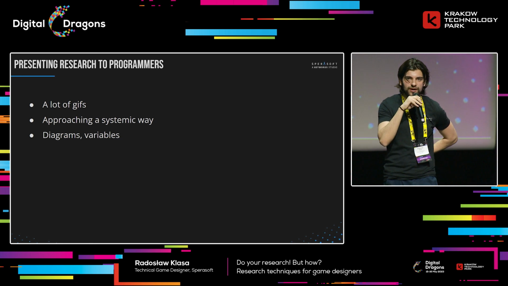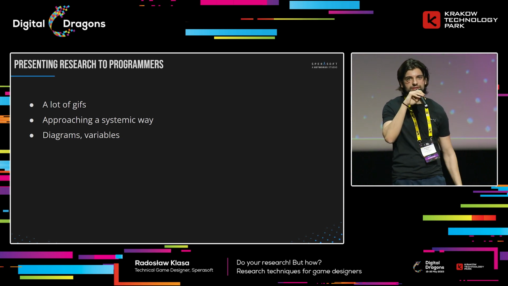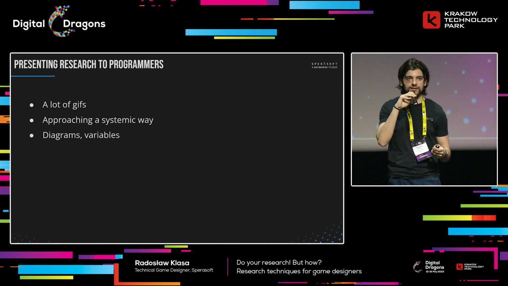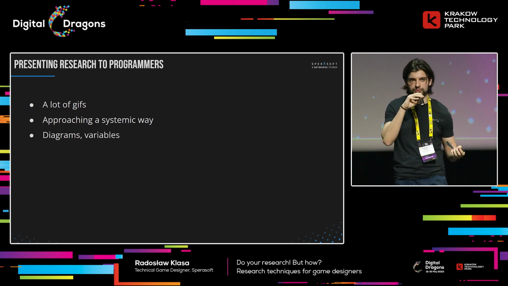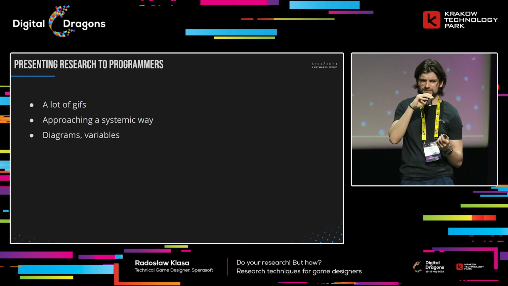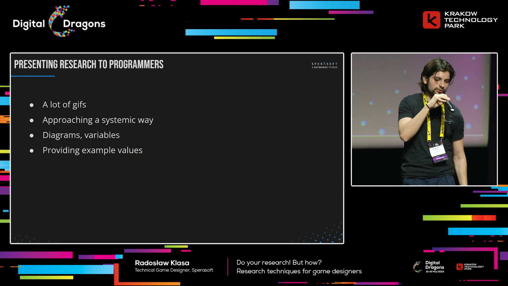So it's good to provide some different diagrams and variables that are going to be used, for example, animation speed, jump height, reload time, how long it takes, or what the recoil is.